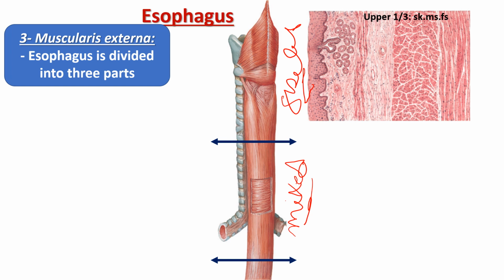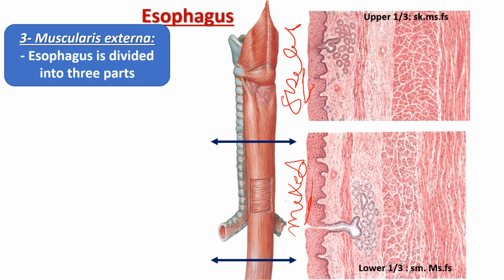So to talk about the muscularis externa, esophagus is divided into three parts. Generally, muscularis externa will be formed of inner circular and outer longitudinal with Auerbach plexus. This will be very definite in the lower third. What about the first third and middle third? First third will be formed of skeletal muscle in the upper part.